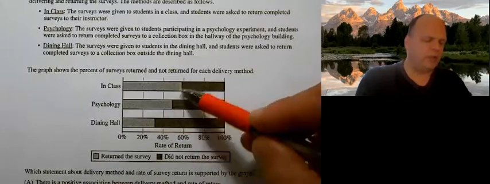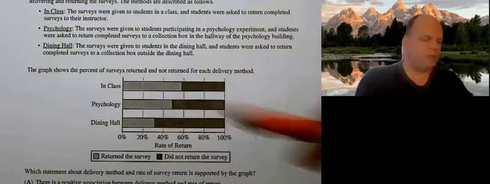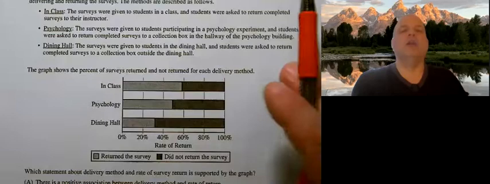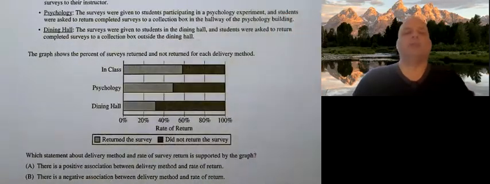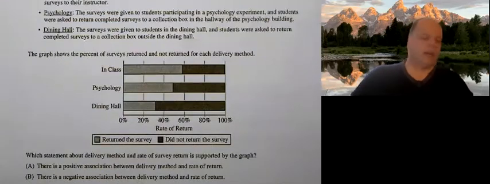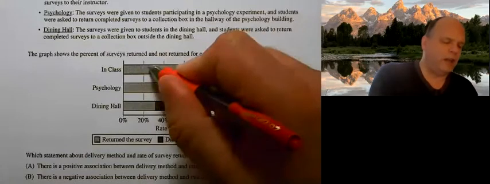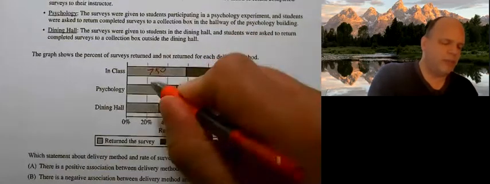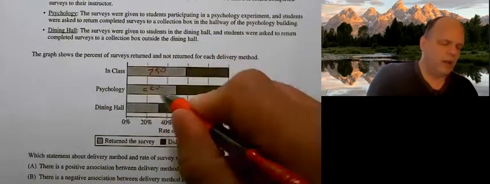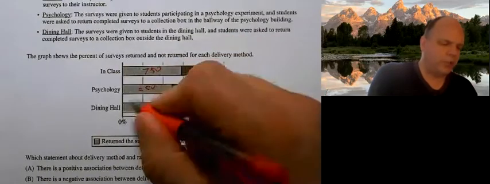About 50%. This one's more than 50%. Here is about 50%. In the dining hall, the surveys were given to students in the dining hall, and students were asked to return completed surveys to the box outside. And here we're looking at about 30%. So this is greater than 50, equal to 50, and right here, we're about 30%.